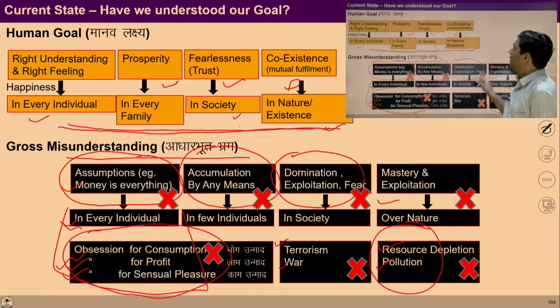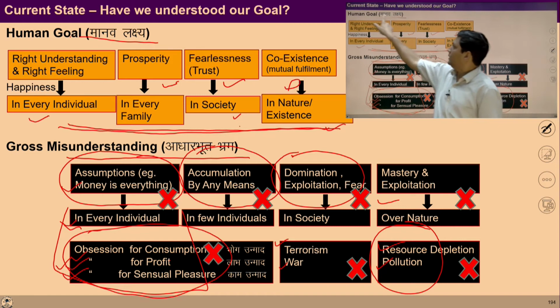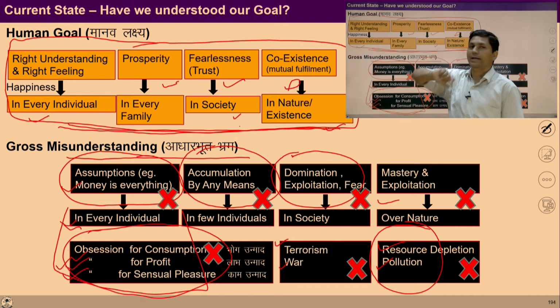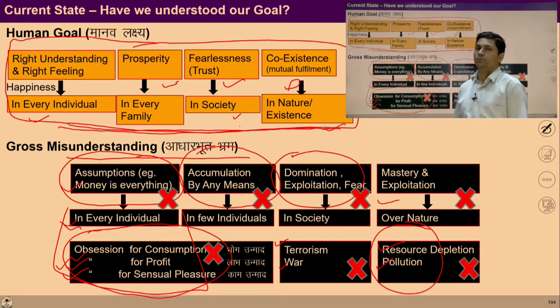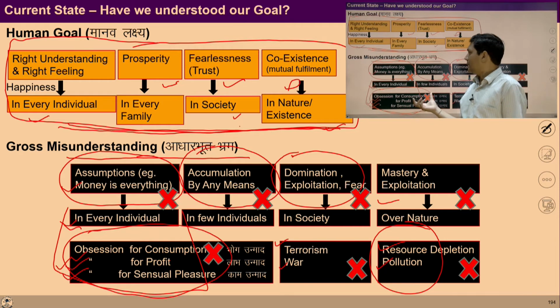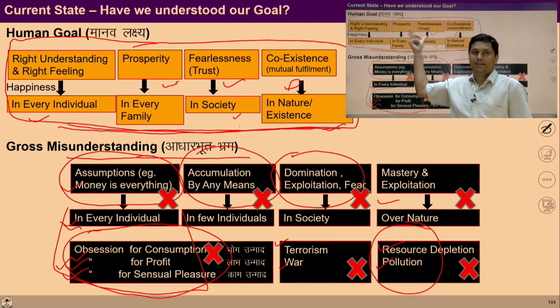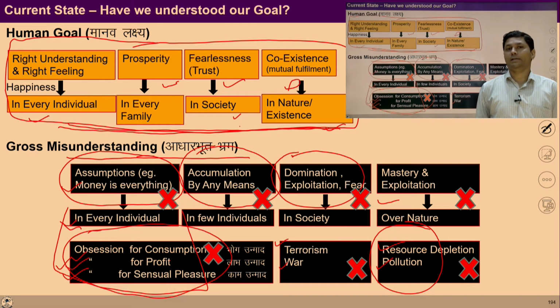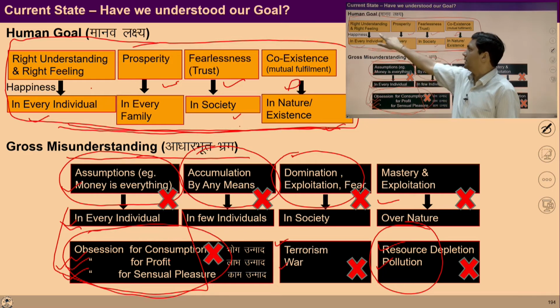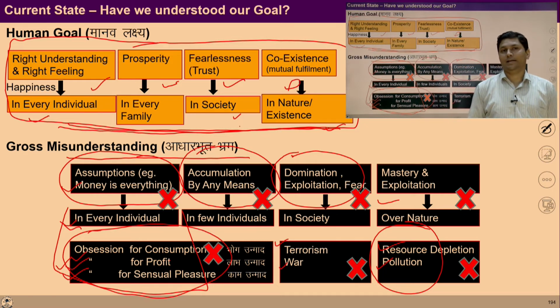So how can we get rid of these problems? By ensuring these goals in the society. If we want to transit from the current state to the desired state, ensuring fulfillment in relationship is a must. And this fulfilling relationship can only be ensured if a person has right understanding, right feeling.